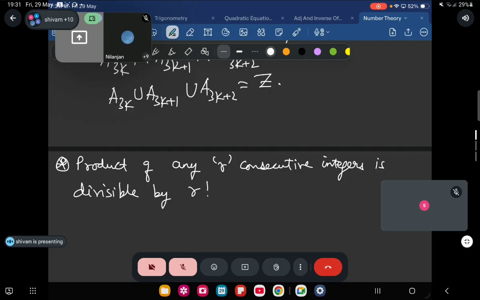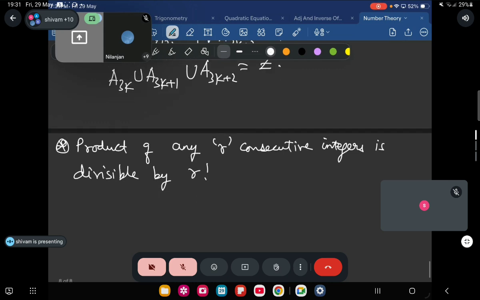Okay, everyone, the product of any r consecutive integers is divisible by r factorial. Let us see the proof.